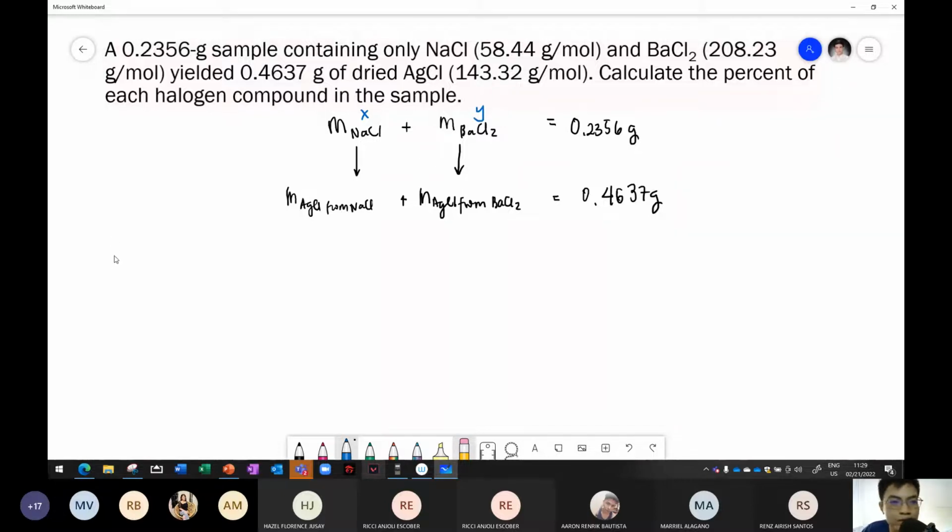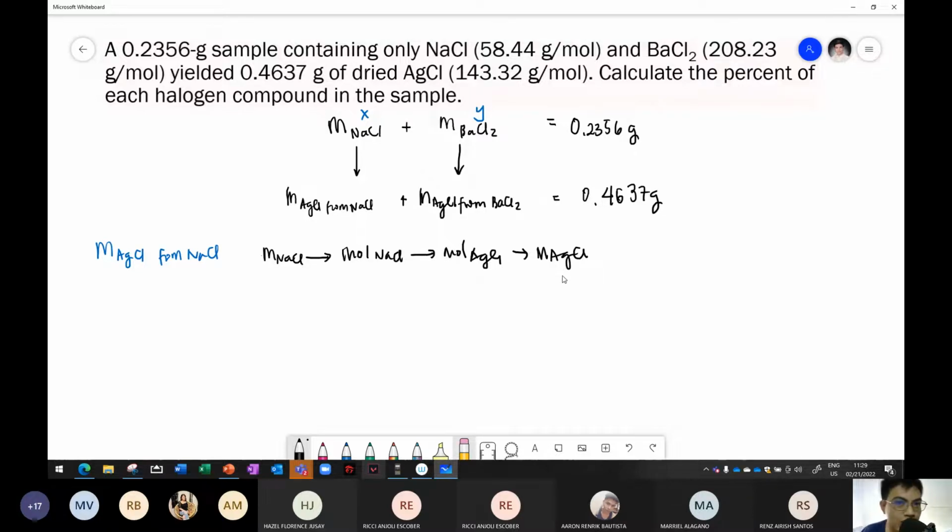So how will you write the expressions needed? Okay, so ganito. So you first write the mass of AgCl from NaCl. I can do the simple stoichiometry na ginagawa natin, diba? So from mass of NaCl, convert it into mole NaCl, convert it into mole AgCl, and then you convert it into mass ng AgCl.